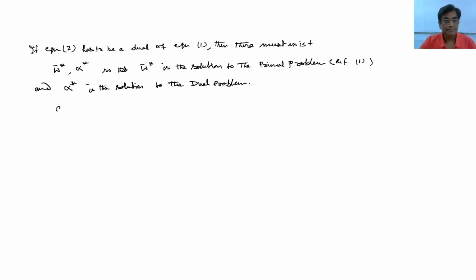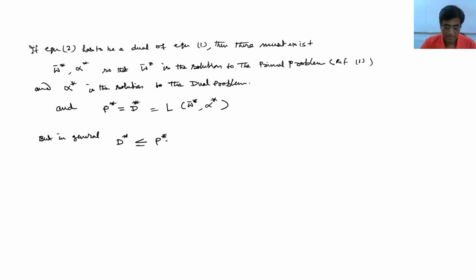And the primal problem equals the dual problem equals L. But in general, in our case, yes, this is the case, but in general the optimum value of the dual problem is less than or equal to the optimum value of the primal problem.